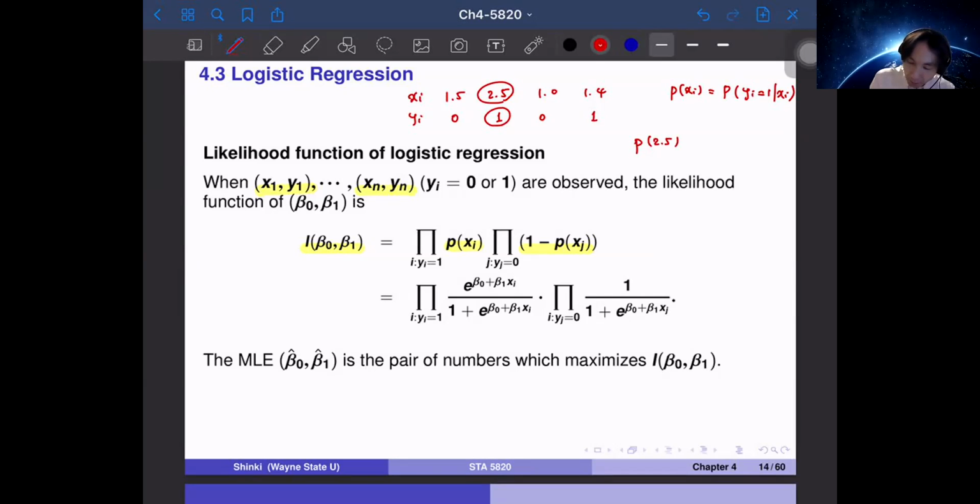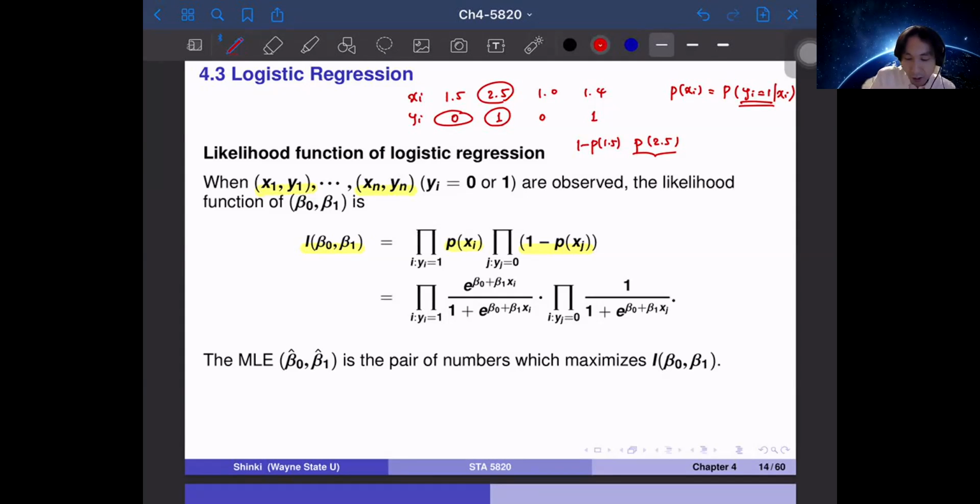So this is the likelihood. And if yi is equal to 0, then the likelihood is 1 minus the P of 1.5. For example, suppose the P of 1.5 is 0.7. That means our predicted probability of yi equal to 1 is 70%.